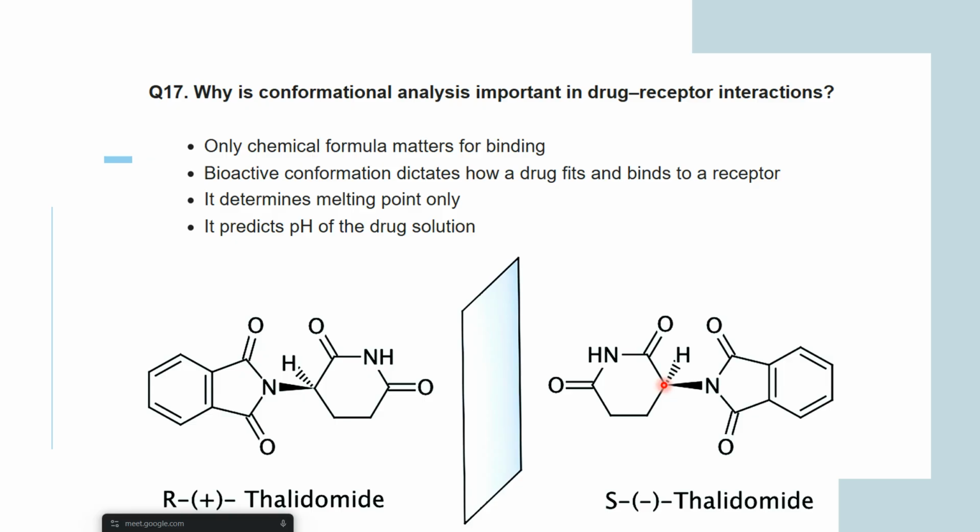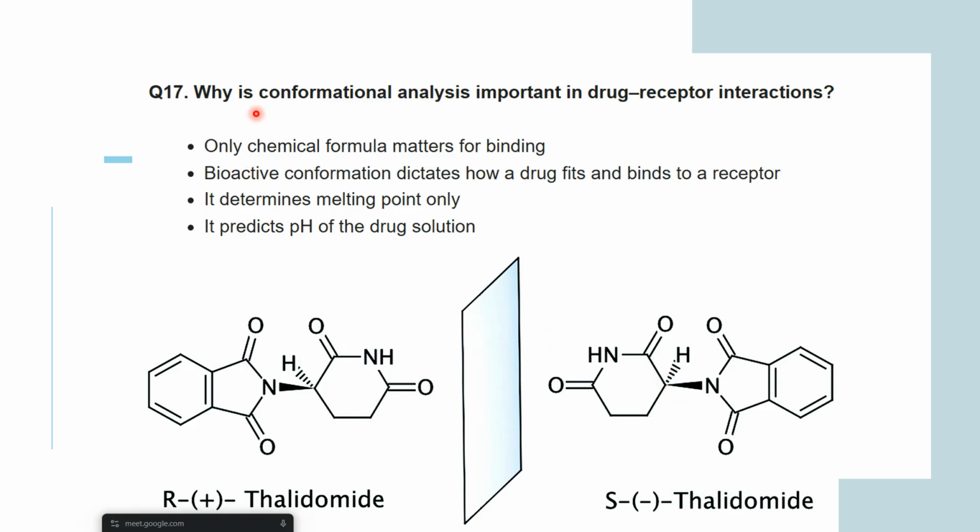So that is how conformational analysis plays a very important role. And one slight difference in conformation can dictate how a drug can fit and bind to a protein receptor. Okay, this is just an example.